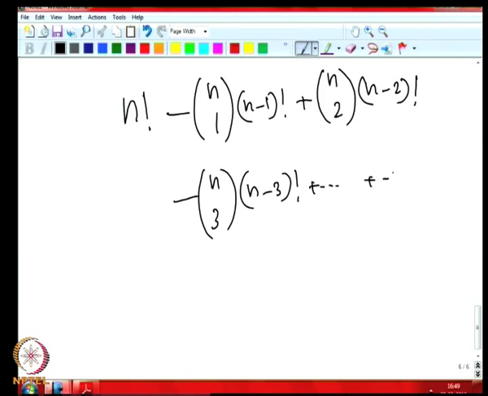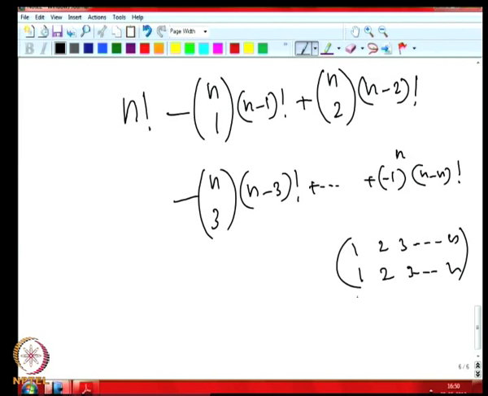So, that is minus 1 raised to n times n minus n factorial, because if all the n positions are fixed, then there is nothing to be done, because it is only one permutation, namely 1, 2, 3 up to n, the same. So, this permutation only will be there in the last. This is just 1 with whatever minus or plus sign, whichever sign we are ready to give, right.